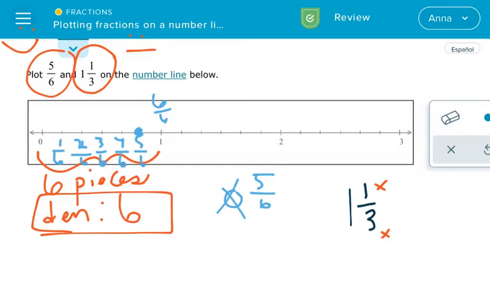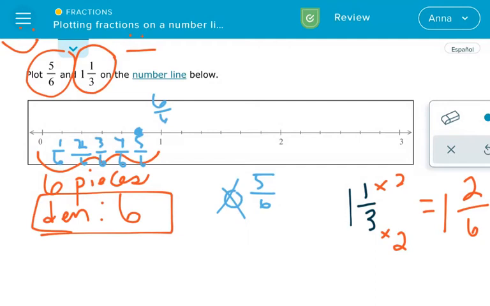So what do I have to multiply 3 by and end up with a 6? That's going to be times 2. Whatever I do to the denominator, I must also do to the numerator. So therefore, 1 1/3 is equal to 1 2/6.